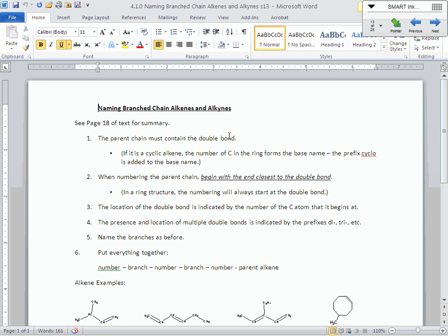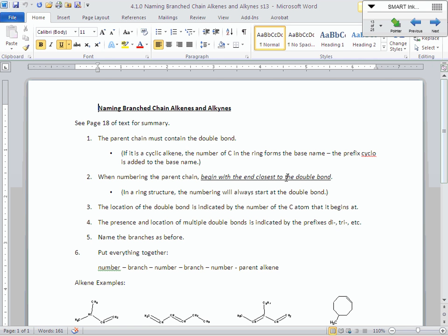It's what defines what the molecule is. When numbering, begin with the end that's closest to the double bond or triple bond. So now our numbering becomes even easier because the double bond always kind of trumps the branches. Because again, it's the functional group, and the functional group gets the main characteristic of that molecule. So we give it the smallest number.